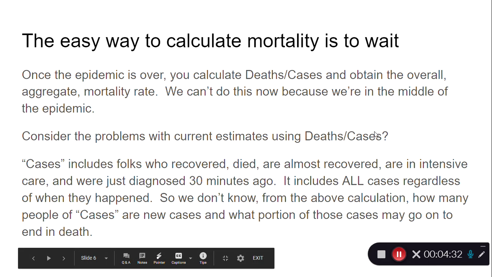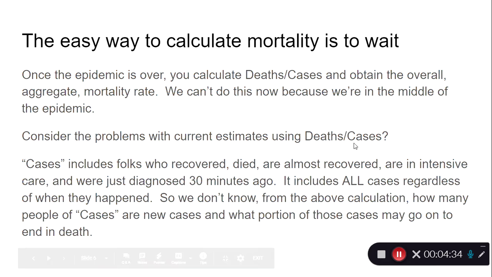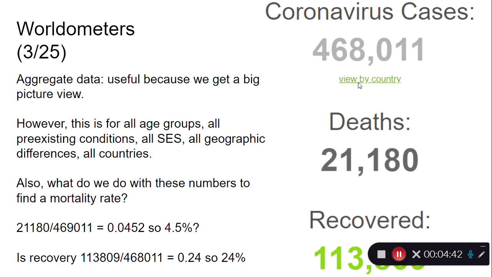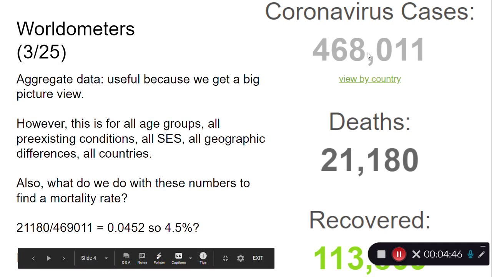Another problem with this is that cases, and this is probably clear to a bunch of you, this number, if we go back, this number includes cases that have been recovered, finished. It includes cases that have resulted in death, but these two numbers don't add up to 500,000 people.